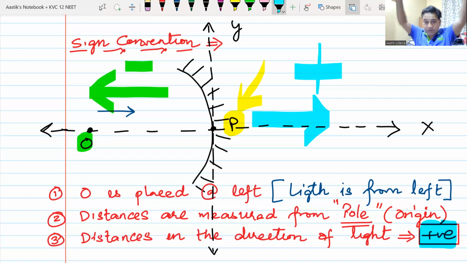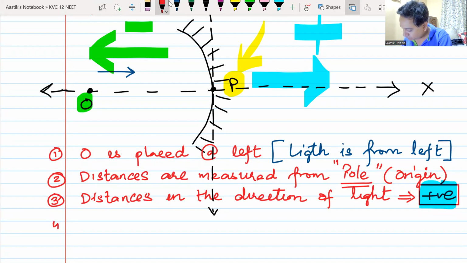Can I have some response that we understand this? Understood, sir. Shall we move on to the fourth point? What would be the fourth point, if anyone can help me?